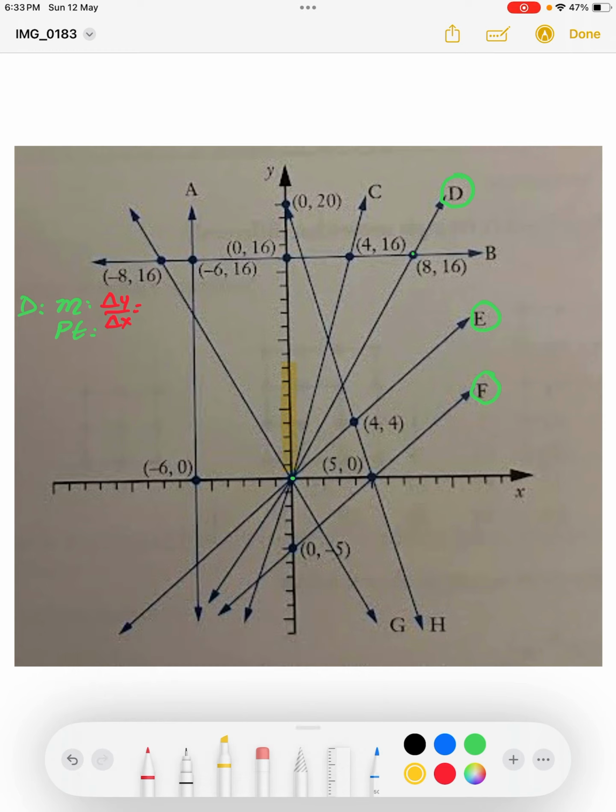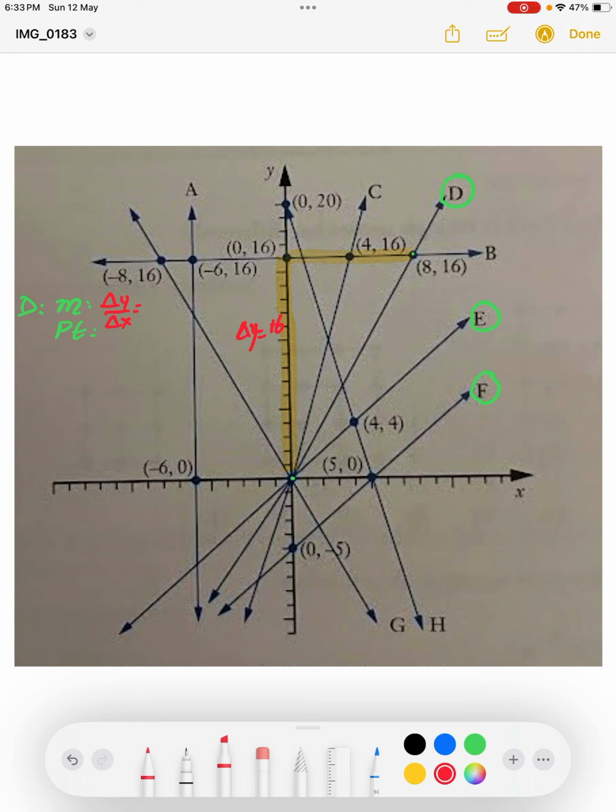That's good. So we go rise. It goes up 16, so delta y is 16. And let's see how far it goes across. And go across to D, and it goes across to 8.